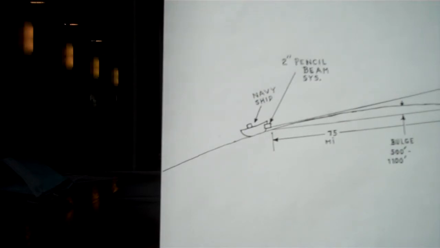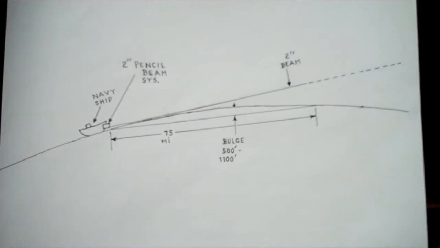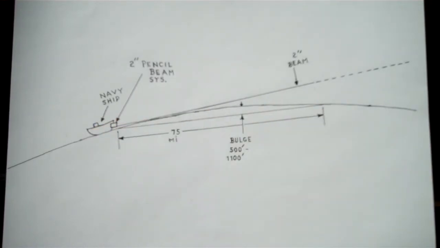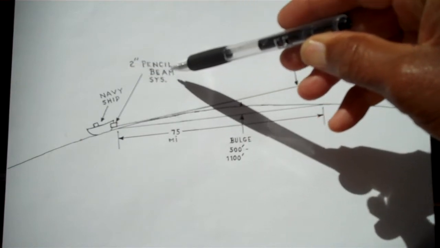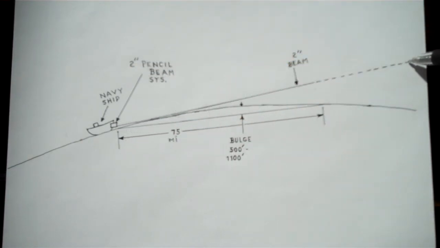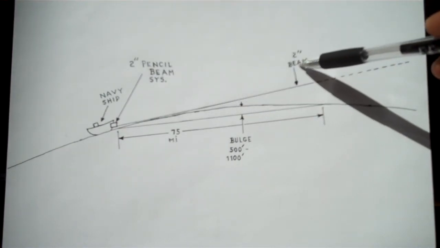Now, to continue, as I stated before, this here is the Navy ship. This here is the 2-inch pencil beam system, and here is a beam with this dotted line, a 2-inch pencil beam.